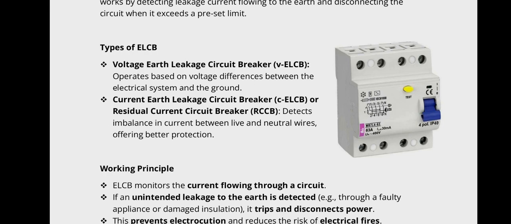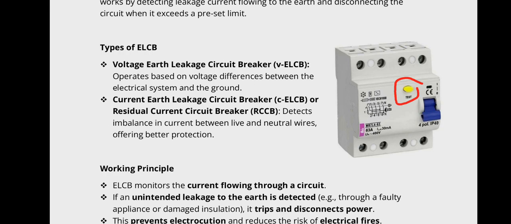Now suppose we have an ELCB and we are going to test whether our ELCB operates well or not. For that reason, there is a switch here. This is a test switch, which will operate when our ELCB is charged. For example, suppose we are not providing any supply to this ELCB and we press this test button, and we see that our circuit breaker does not trip.